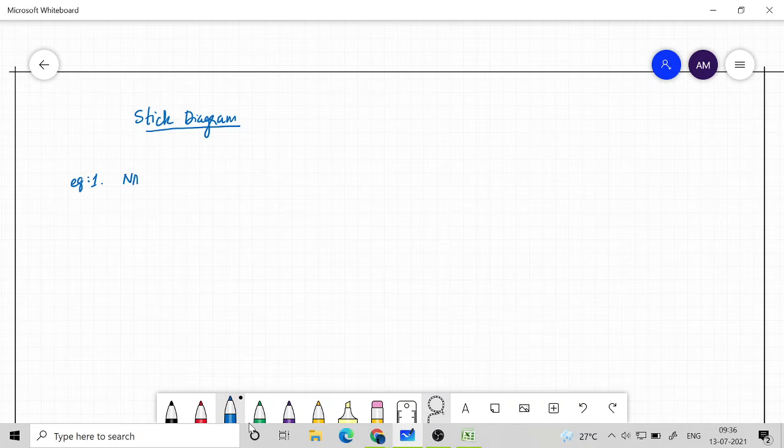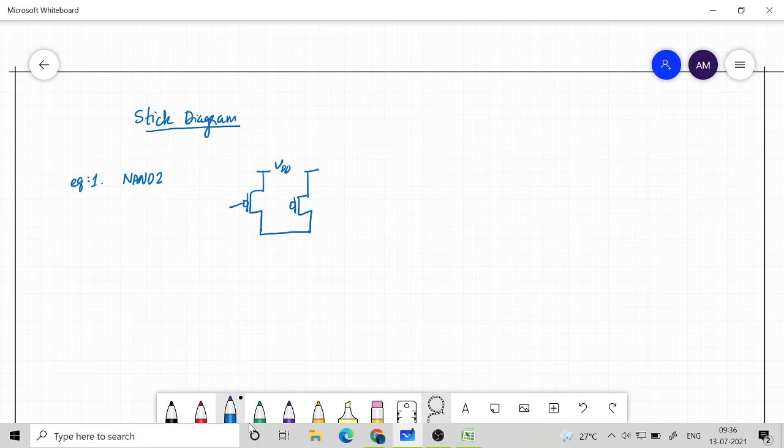So NAND 2, we will take that example again. Now the NAND 2 circuit, if I just repeat, all of these are with respect to CMOS.